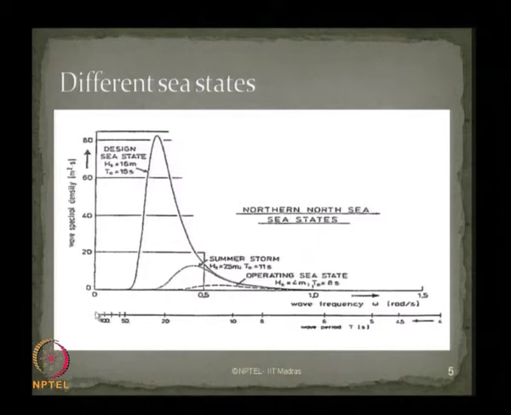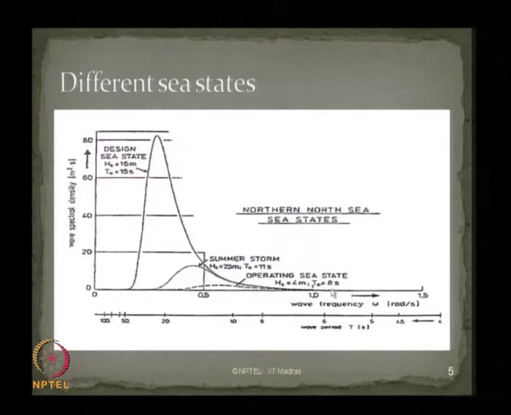Now, the design state of significant wave height 15 meters and about T0 of 15 seconds, which is the TZ zero crossing wave period, lies somewhere around here in this region, for which the spectrum has been shown. Whereas, if you look at the sea state where summer storms generally occur in the northern North Sea, which has HS and TZ as 7.5 meters and 11 seconds, you have the curve plotted here.